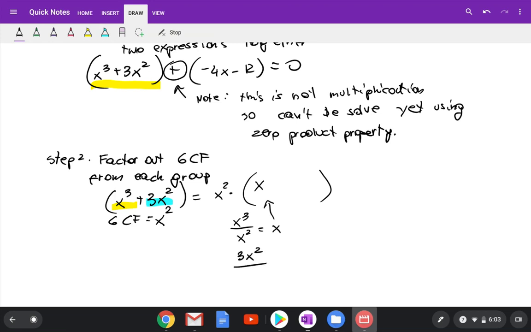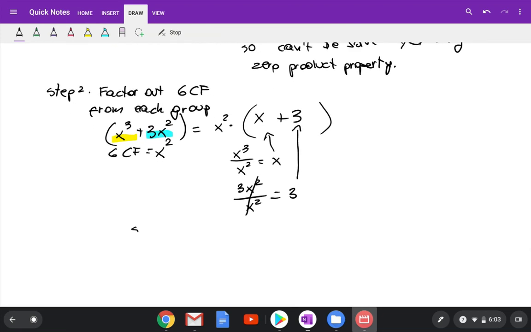You divide that by GCF, and we're getting 3. So x to the third power plus 3x squared, you're going to rewrite that as x squared times x plus 3. Okay, so we're going to save that, going to keep it.